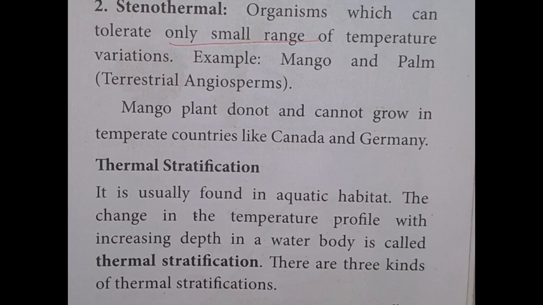Thermal stratification. It is usually found in aquatic habitats. The change in the temperature profile with increasing depth in a water body is called thermal stratification. There are three kinds of thermal stratification.